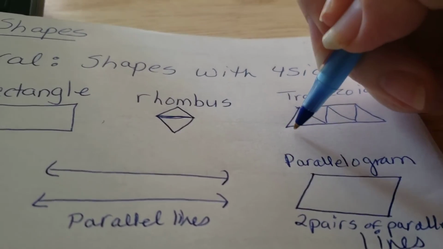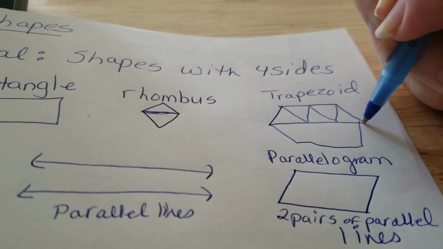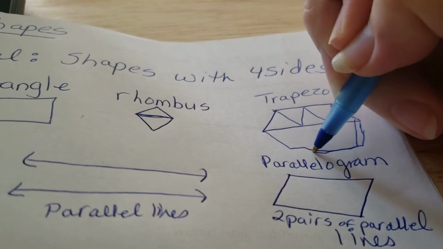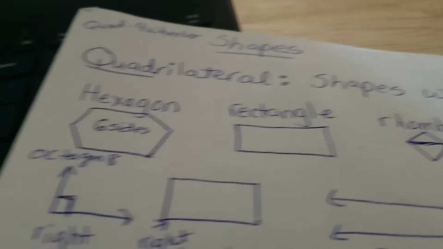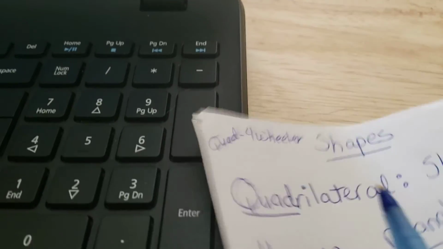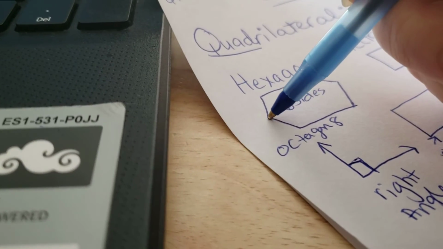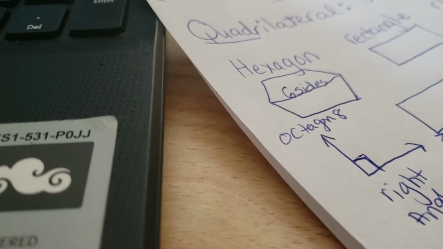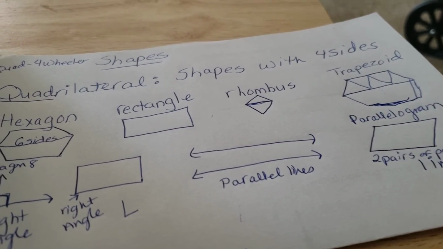If you were to put two trapezoids together, you can actually come up with a hexagon. Because if you cut that same hexagon apart, you get 2 trapezoids. So that's just a little bit about composing and decomposing shapes.